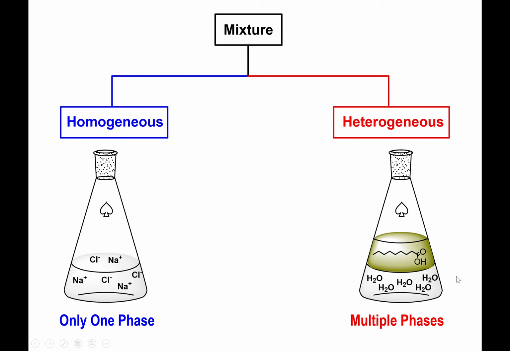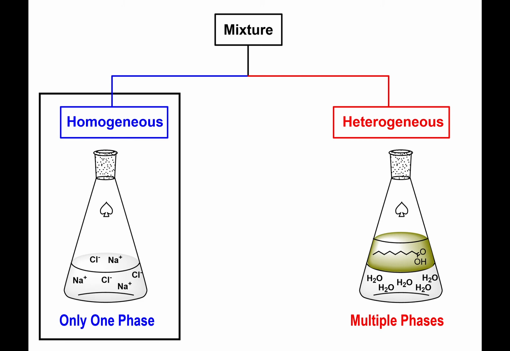So multiple phases are what we call heterogeneous mixtures, and this need not be allocated to simply liquids. You could have a solid and gas, that's technically a heterogeneous mixture. You could have solid and liquid that is not actually going into the liquid and stays outside of it, in which case you still have a heterogeneous mixture.